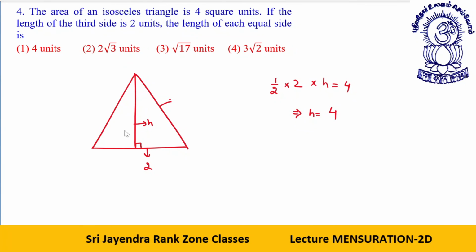So far clear? When this h is equal to 4, this portion is 1. So by Pythagoras theorem, this side I can compute as 4 square plus 1 square, or under the root 17.